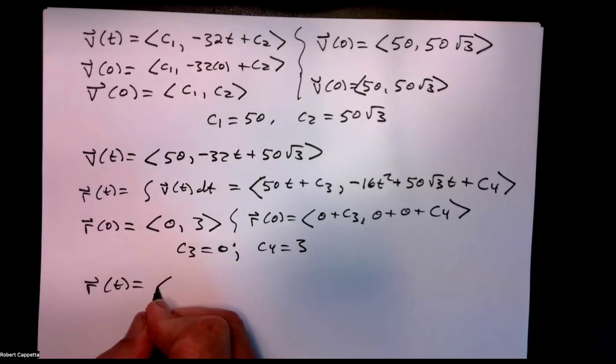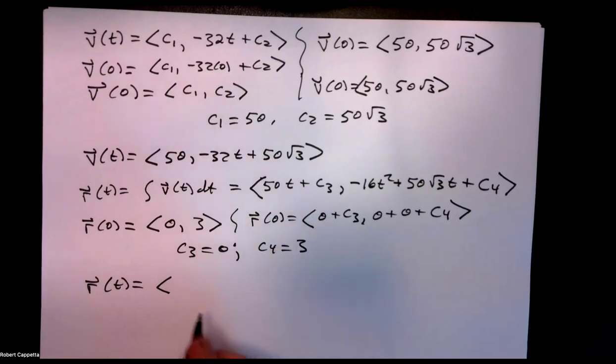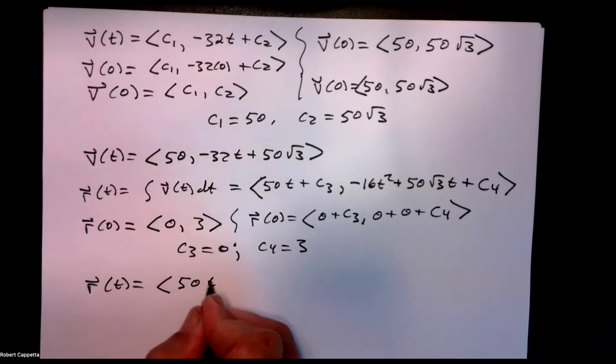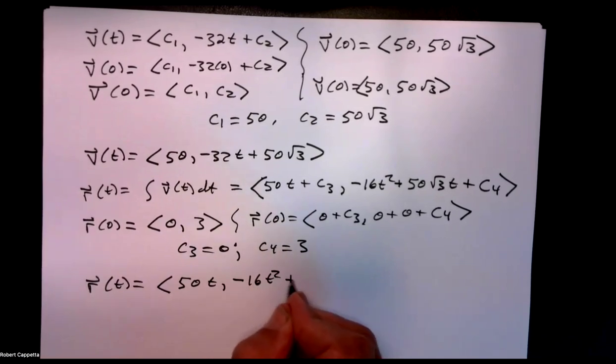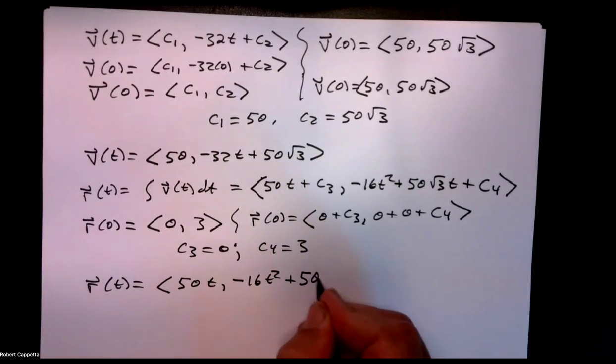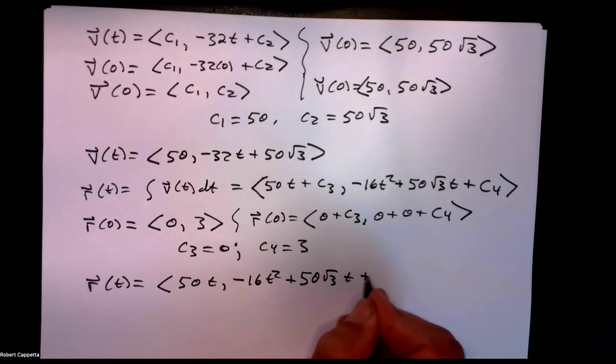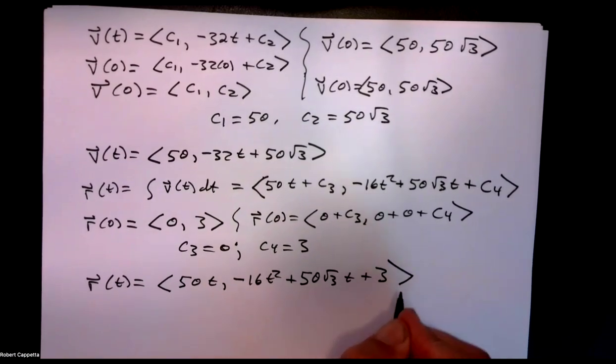R of t is what? R of t is 50t plus C3, so it's 50t, comma, negative 16t squared plus 50 root 3t plus 3. That gives me my equation of motion. But now there are some questions that we could ask.